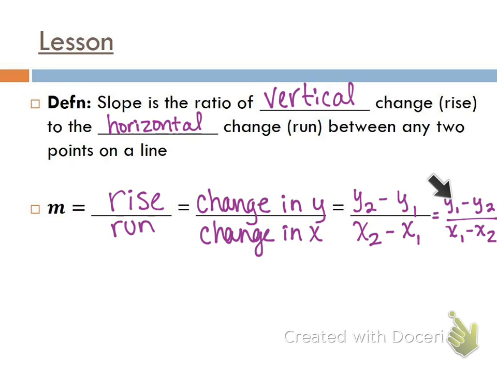So I don't care if you want to put your sub 1 first or your sub 2 first. You just have to be consistent. Meaning it doesn't matter if you start with the second coordinate or the first coordinate. You just have to be consistent from the numerator to the denominator.